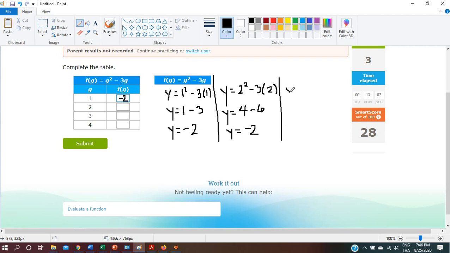All right, so the next one, y equals g. Well, let me write here negative 2. How much is g? 3. 3 squared minus 3 that multiplies 3. All right.